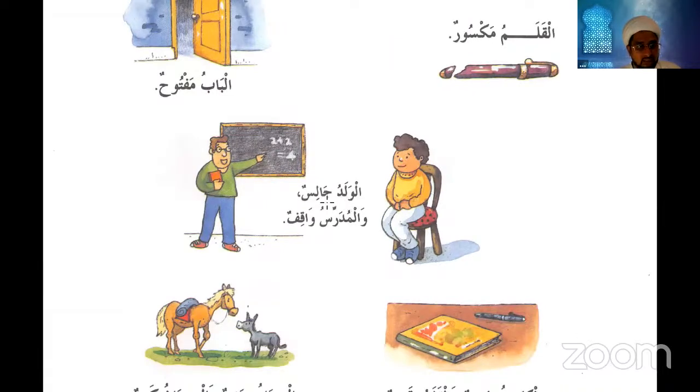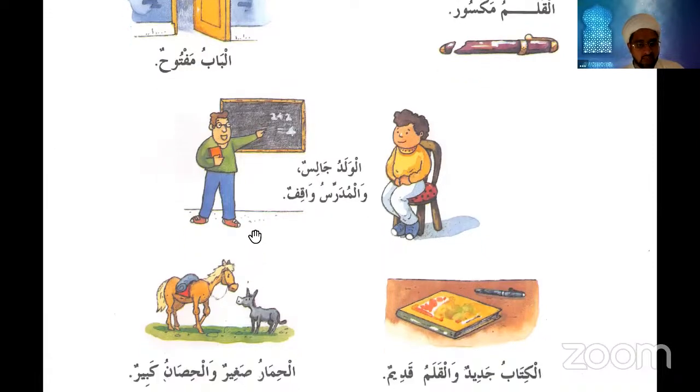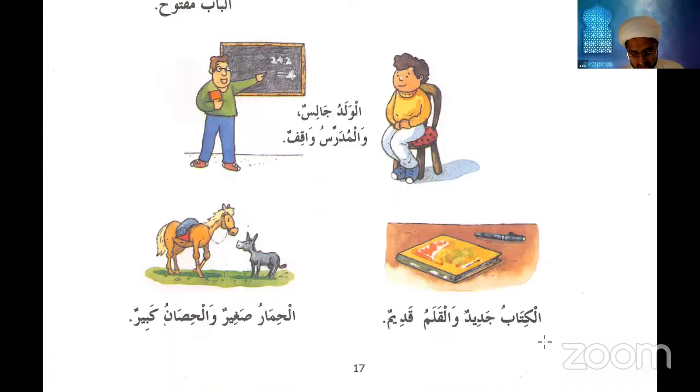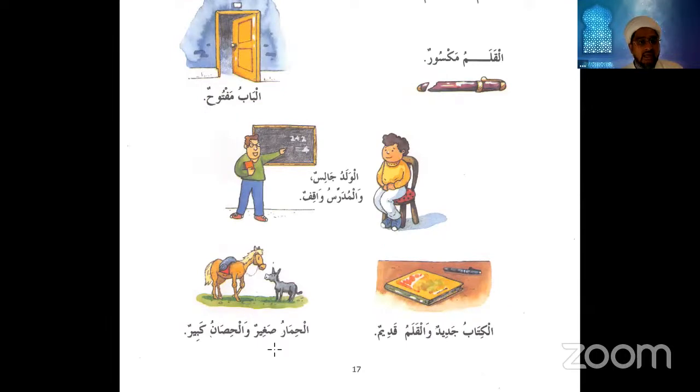The boy is sitting. Wal-mudarrisu waqifun. And the teacher is standing. Al-kitabu jadidun. Wal-qalamu qadimun. The book is new and the pen is old. Al-himaru saghirun wal-hisanu kabirun. The donkey is small and the horse is big.